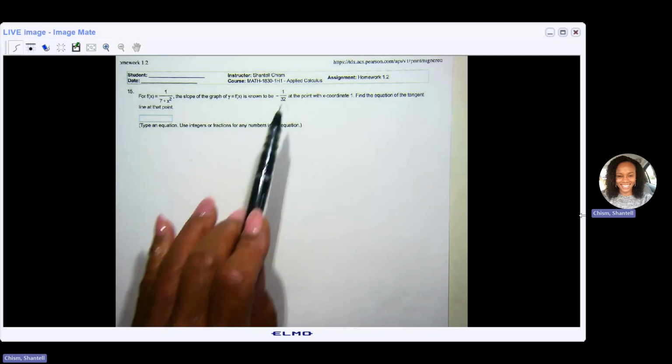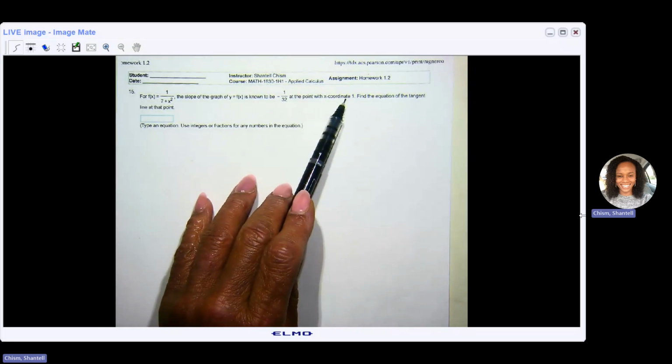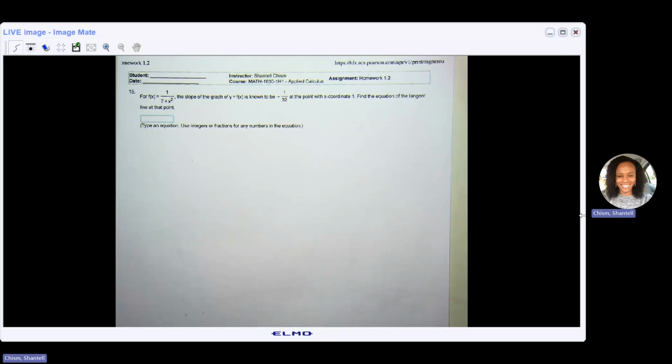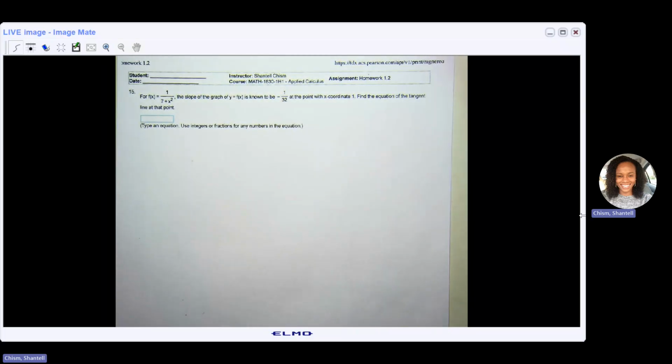So basically the instantaneous slope, or the tangent slope, at x equals 1 is negative 1 over 32. And we want to find the equation of the tangent line at that point. So this is essentially like part C from number 14. It's just giving us a little bit extra that we didn't get in number 14. Number 14 was a bit more involved.